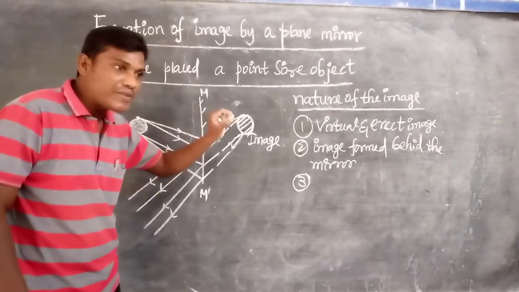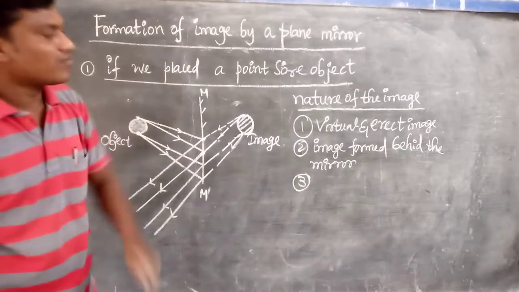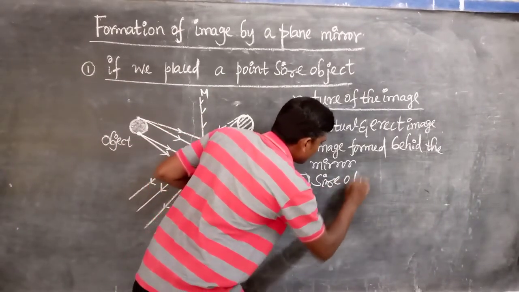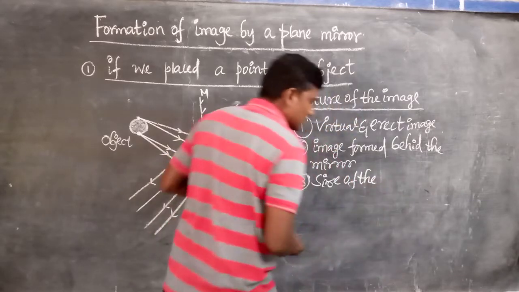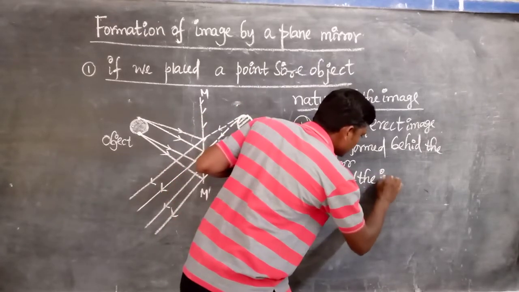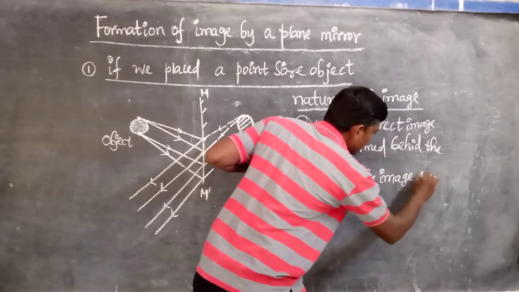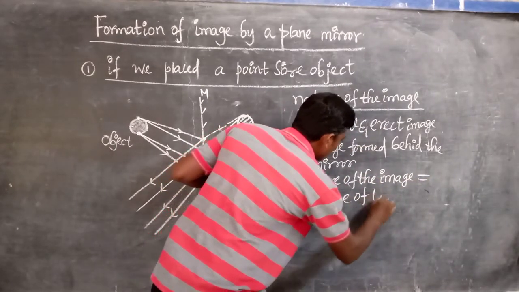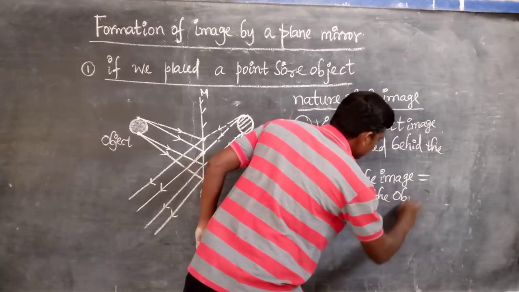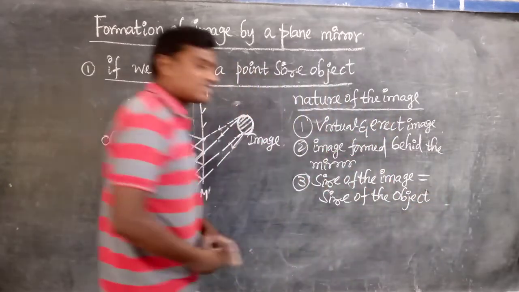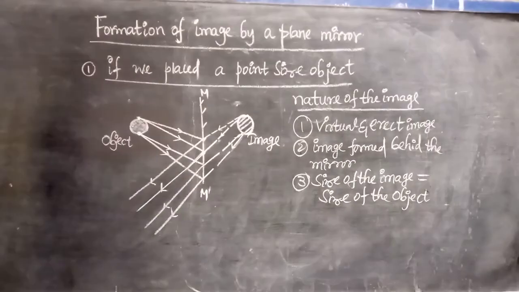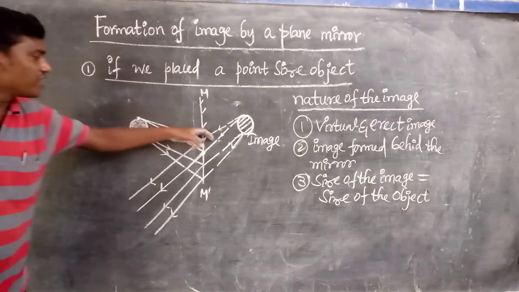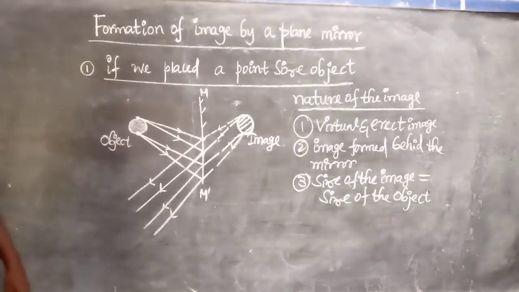The size of the image is equal to the size of the object. So we observe this nature or these characteristics when a point size object is placed in front of a plane mirror.